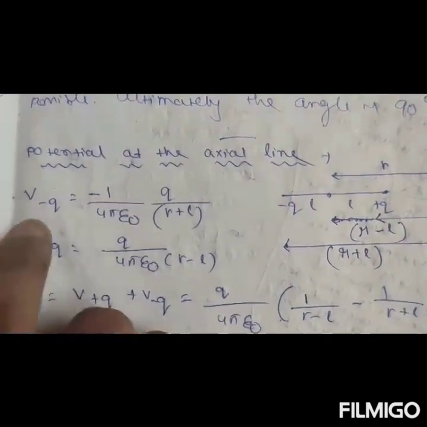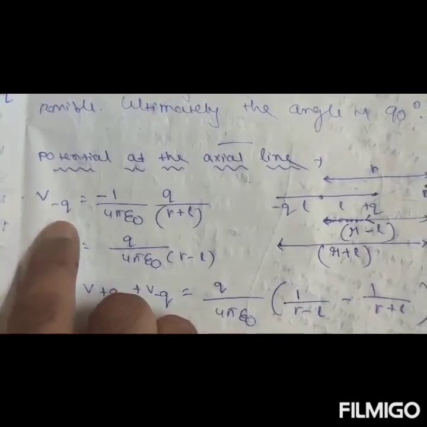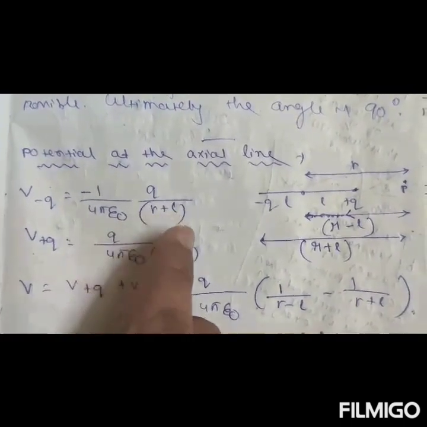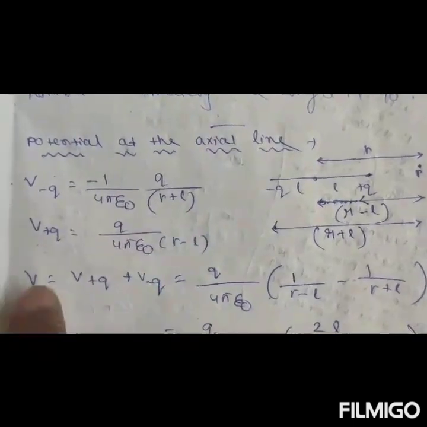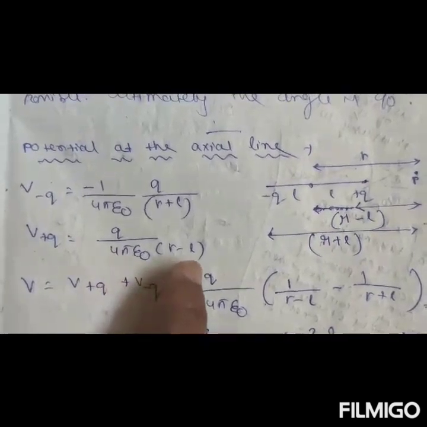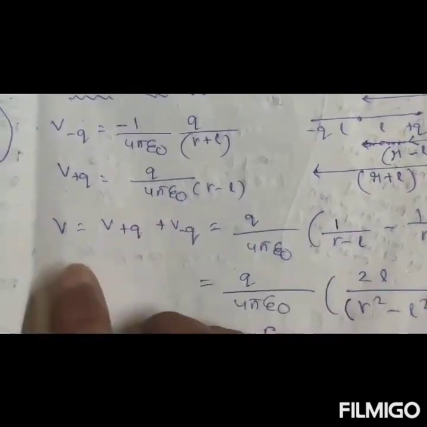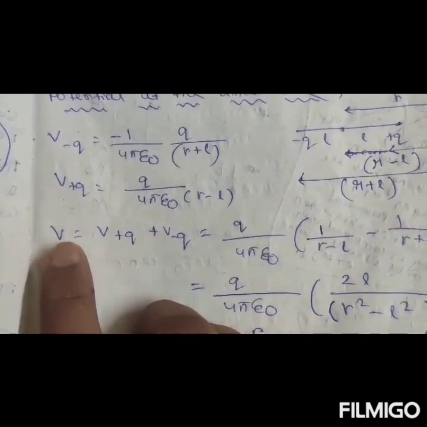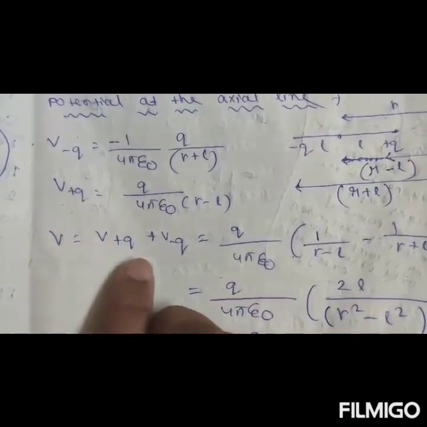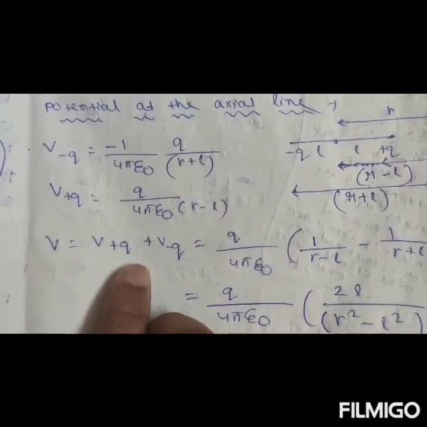So let us find the potential. Potential due to minus q equals minus 1 by 4 pi epsilon naught into q by R plus L, and potential due to plus q is q by 4 pi epsilon naught into R minus L. Here only one change is there which you have to remember: don't forget, potential is an additive quantity, because potential is a scalar.